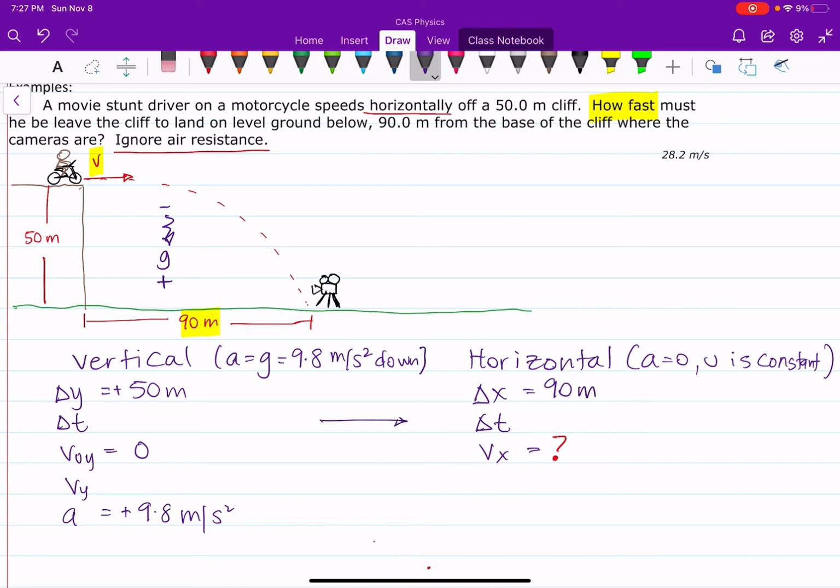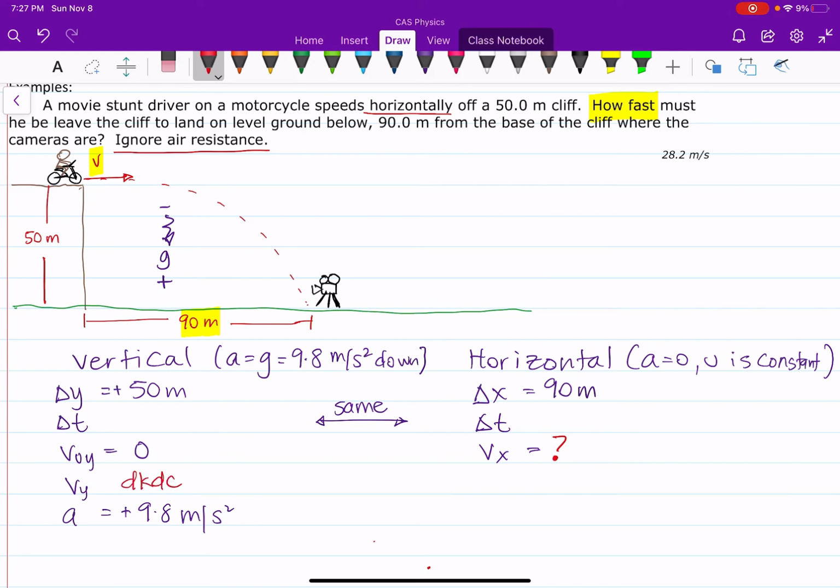All right, so now the thing that we know is that the time for the two are the same, right? It's just one object. It's just the motorcycle. So there's not 2 times. Whatever the time is for one is the time for the other. Since there's 5 variables on the vertical, we need 3 variables to be able to solve it. I have them, the y, the v naught y, and the a. So I don't know, and I don't care what the vertical final velocity is. This is my don't know, don't care.